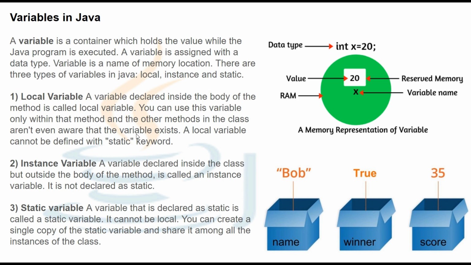Now let's talk about instance variables. Instance variables are those variables that are not inside any function but are inside the class itself, and they cannot be static either. Static variables are different, and instance variables are different. Instance variables are not inside any function; they are global to all the functions. They are declared inside the class.